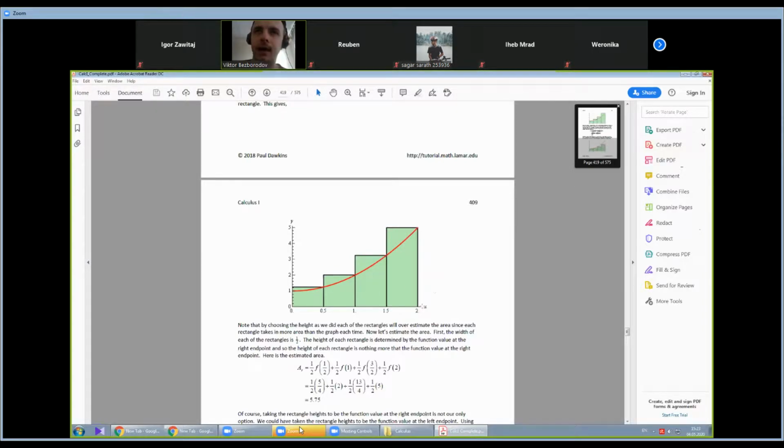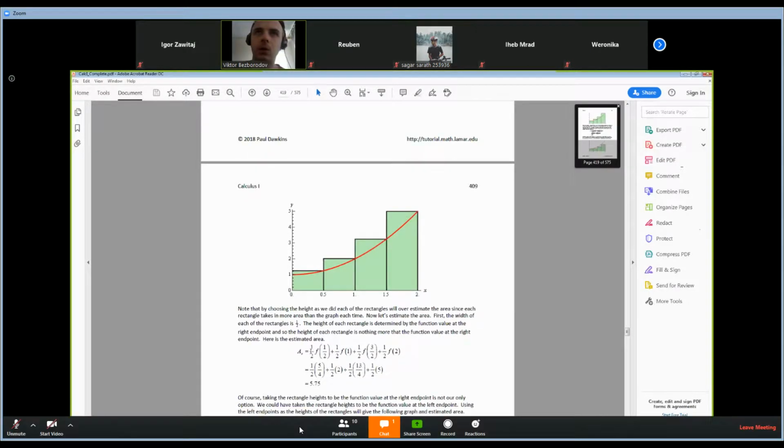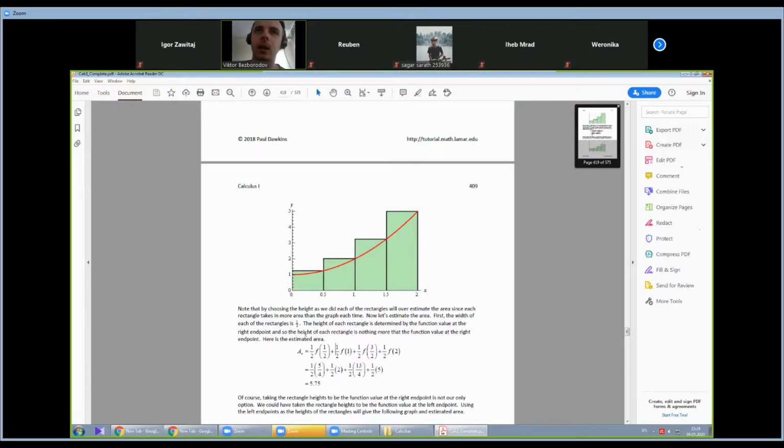In this case, this is what is going to be the area. For example, it's going to be 1/2 times f of 1/2, because this is the area of the first rectangle here. 1/2 is the width, the horizontal dimension, and then f of 1/2 is the vertical dimension, because this is the height.